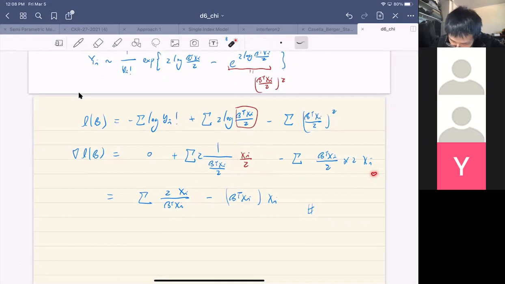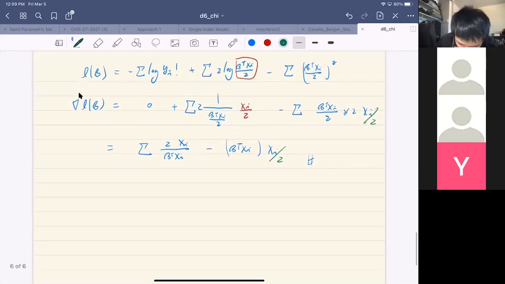Right, when we took the derivative of the inside of the log, we got xi over 2. Why would we not get an xi over 2 taking the derivative of the inside of the square? Oh yeah, thank you. Yeah, it's like this.